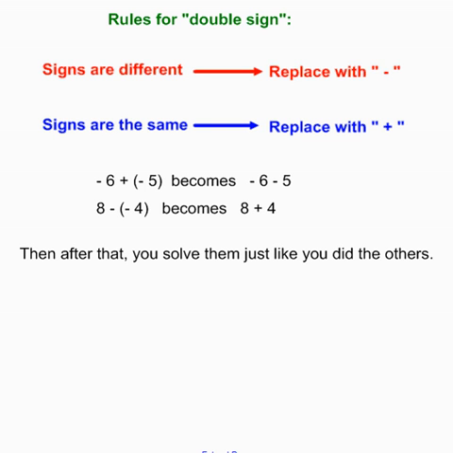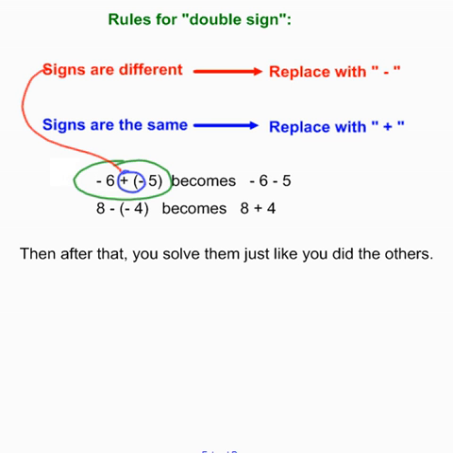So we're going to try that out. Here we have -6 plus a -5. We take our double sign here and look at it, and that's a case where the signs are different.